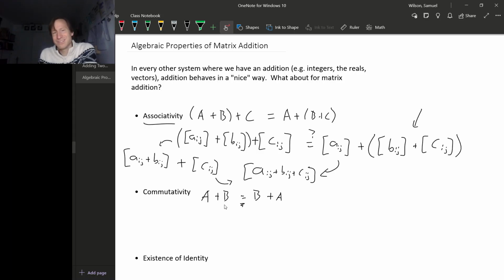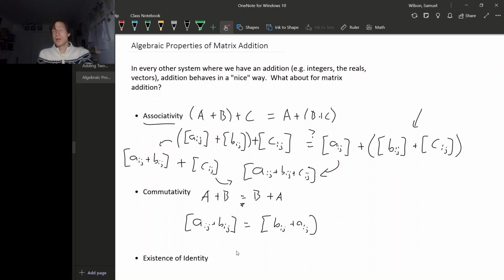Of course, this is just as true for matrices as it is for anything else, because the sum on the left, A plus B, if you write it out in terms of entries, is a_ij plus b_ij. The sum on the right, in terms of entries, is little b_ij plus little a_ij, but real addition is commutative, and so these things are really equal.